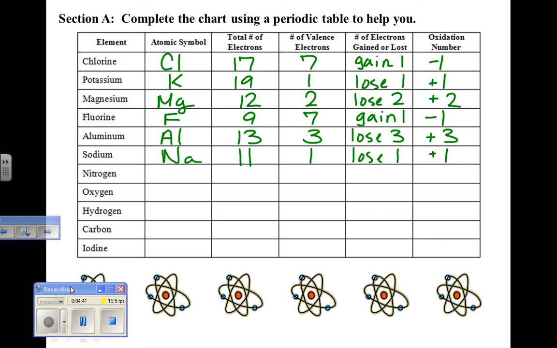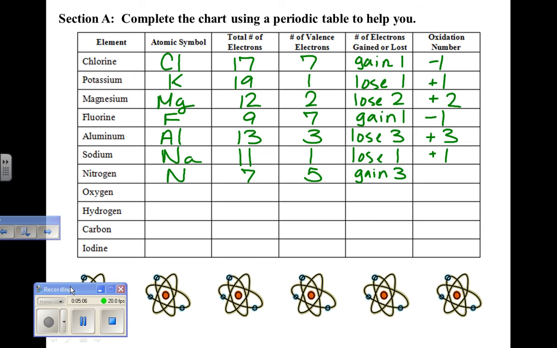Nitrogen, atomic number or number of electrons. Number of valence, because it's in group 15. So what's it going to do? Gain 3. So the oxidation number, if you gain 3 electrons, it makes you negative.